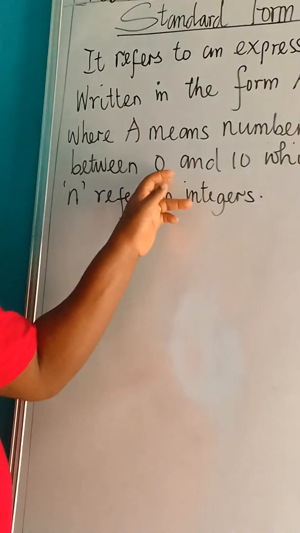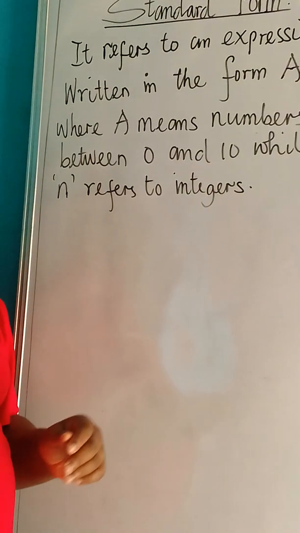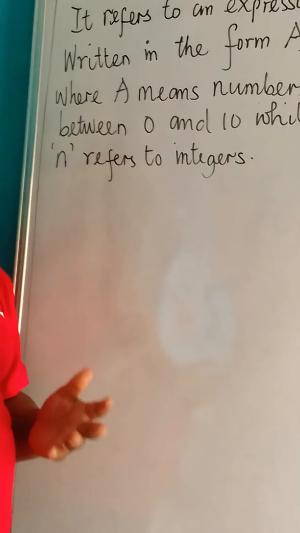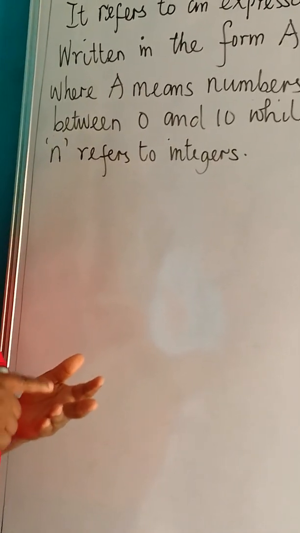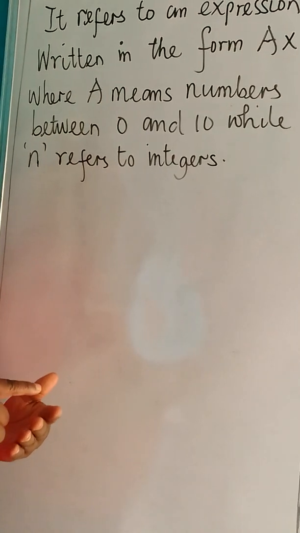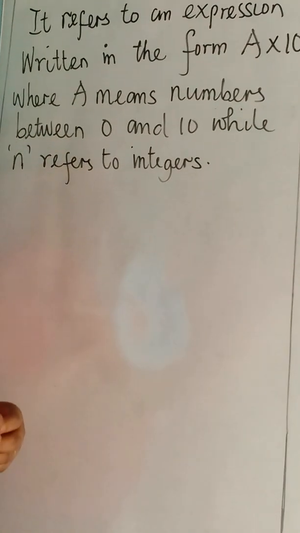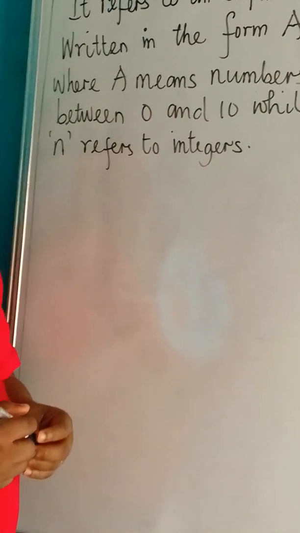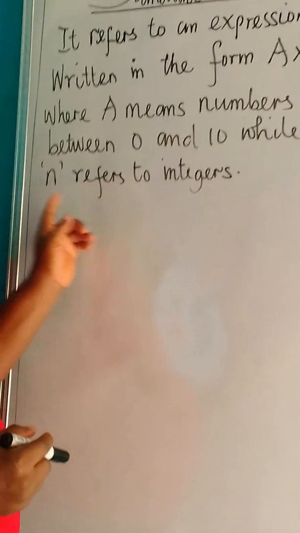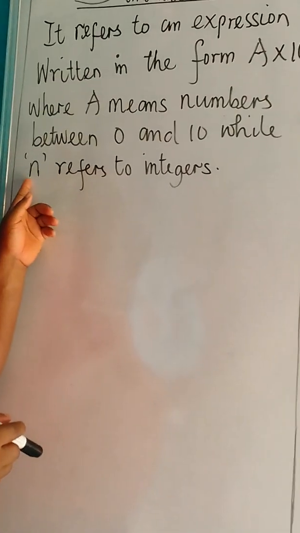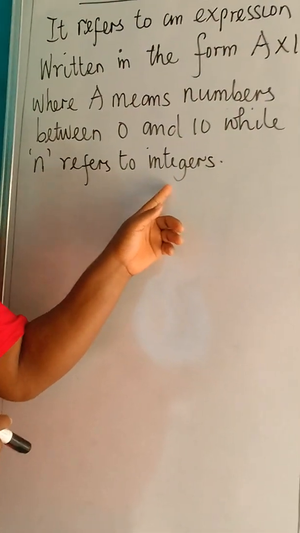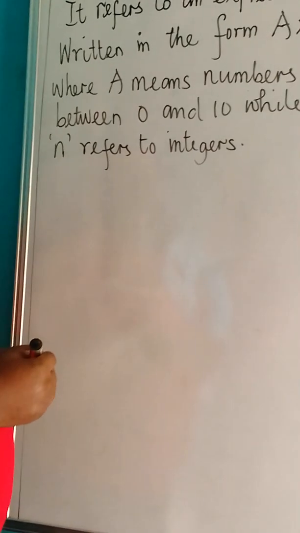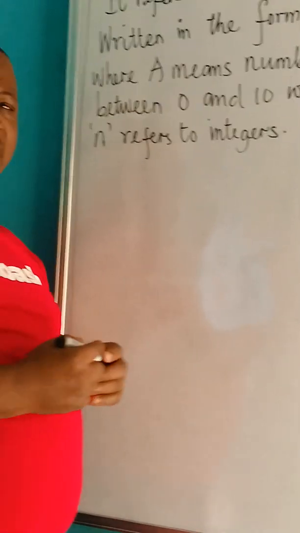Numbers between 0 and 10 are numbers like 1, 2, 3, 4 through 9. These numbers are significant numbers, while those of n, which I referred to as integers. By integers, we'll talk about whole numbers.